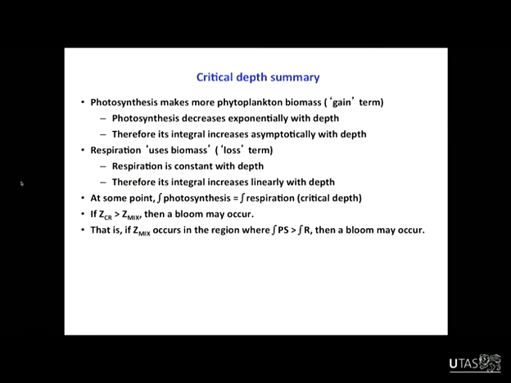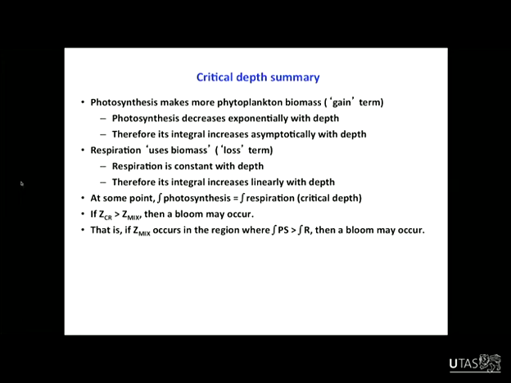Okay, so to summarise these few lectures on the critical depth, we have gain and loss terms. Photosynthesis is making new phytoplankton, and consumption of phytoplankton by zooplankton and remineralisation by bacteria is the loss term.